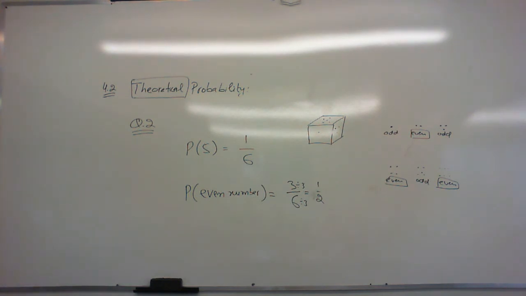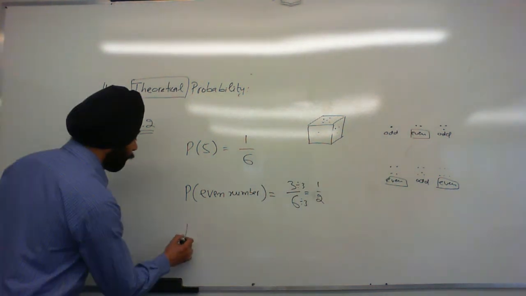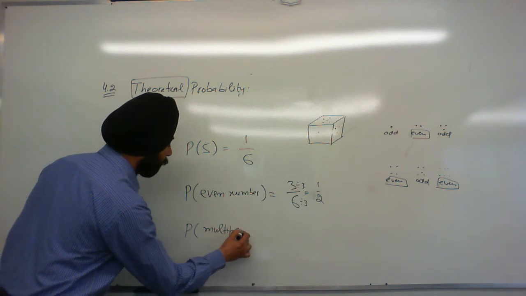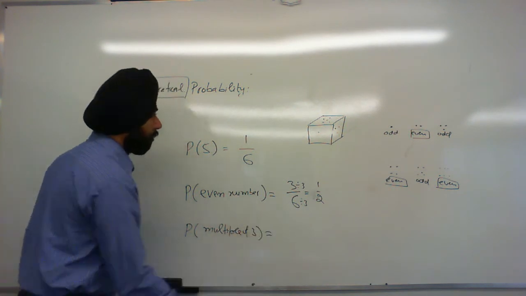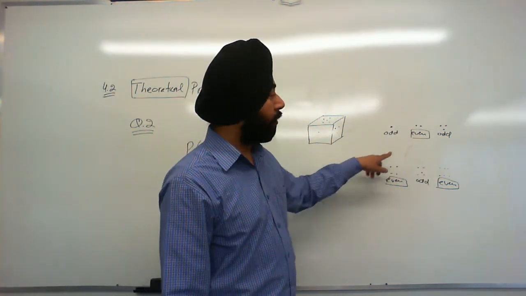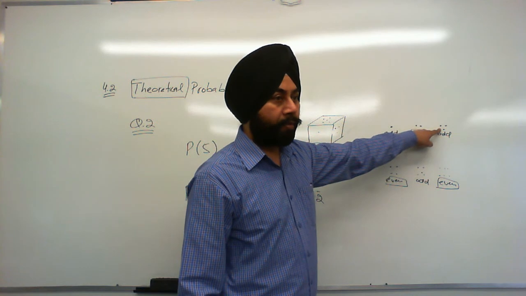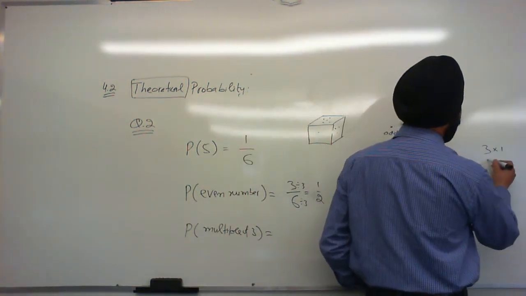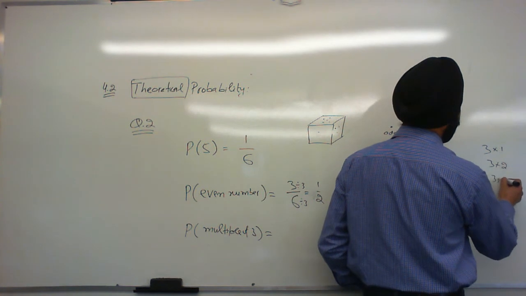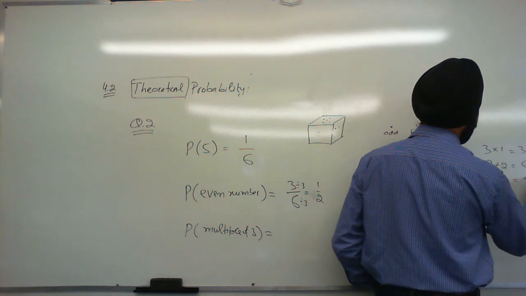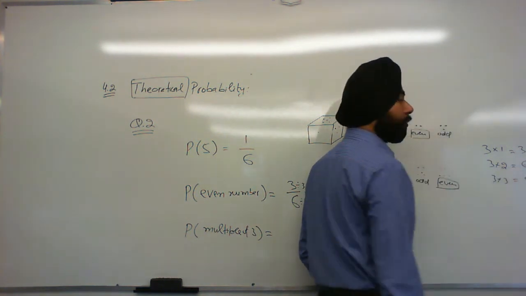The probability that it will land on a multiple of 3. Now out of these 6 faces, how many are multiples of 3? Multiple means if you multiply 3 with 1, with 2, with 3, these are called the multiples of 3. So 3, 6, 9, 12 are multiples of 3.